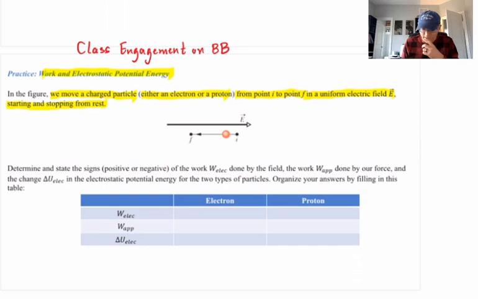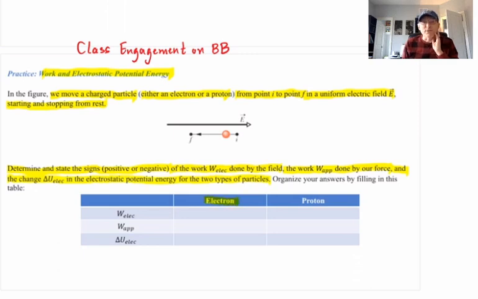We are to determine and state the signs, positive or negative, of the work, W electric, done by the field, the work W applied, done by us, as we move the particle from I to F, and the change delta U electric in the electrostatic potential energy for the two types of particles.